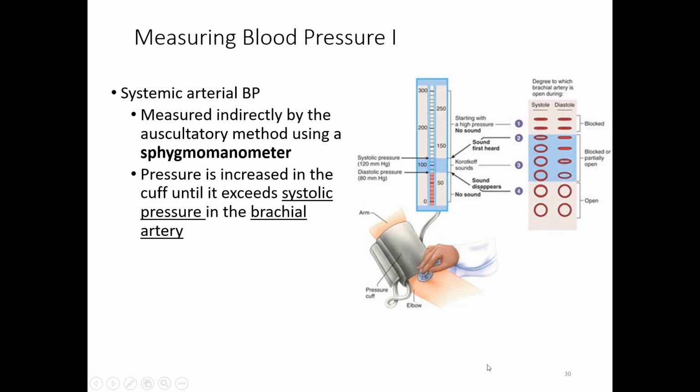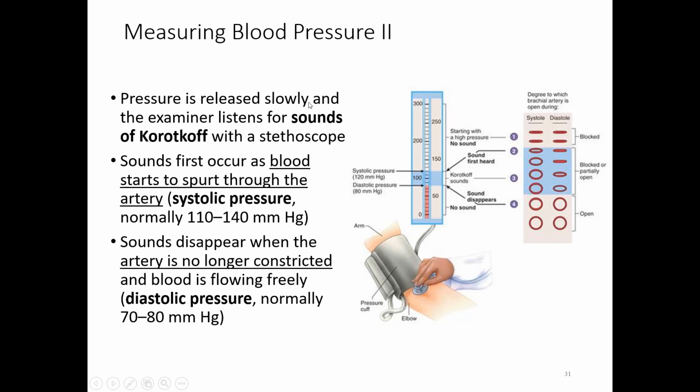Then, when you start releasing pressure slowly, you won't hear any sounds. Only when sounds first happen, as blood starts to spurt through the artery during the systole, it will be called systolic pressure.